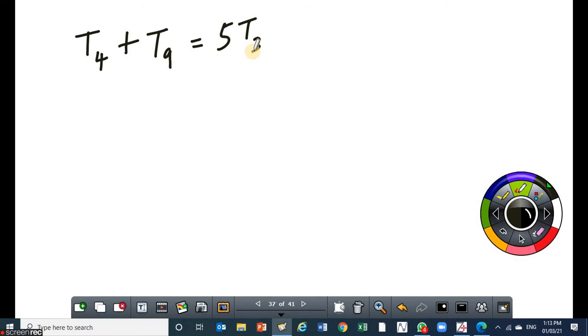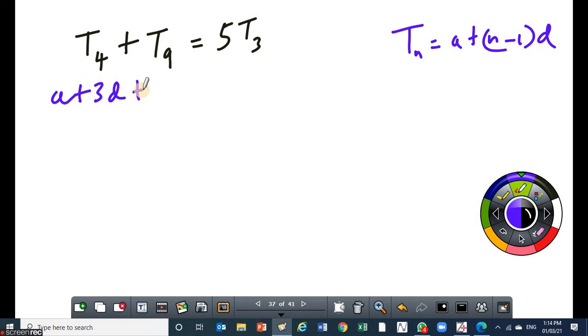Remember the general term, by now I expect you to know it: a plus n minus 1 times d. So if I put 4 there, my T4 is going to be a plus 3d. Do you agree with me? This T4 is going to be a plus 3d plus this T9, which is a plus 8d.